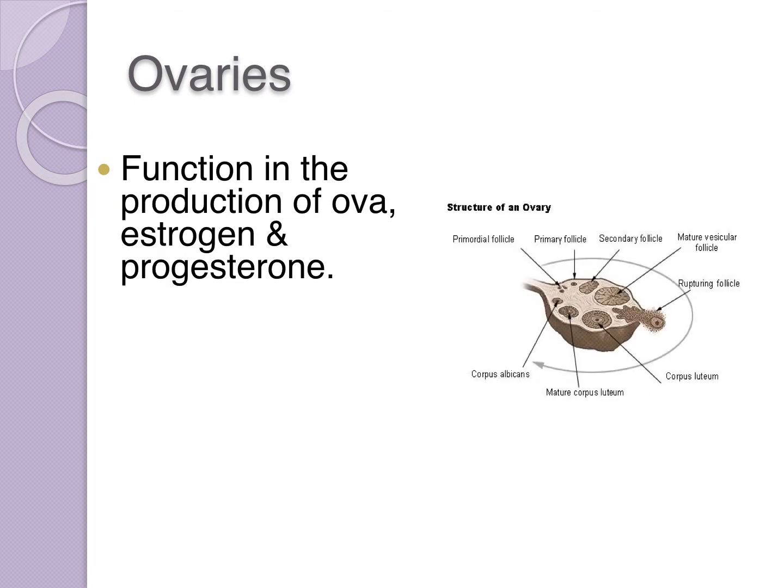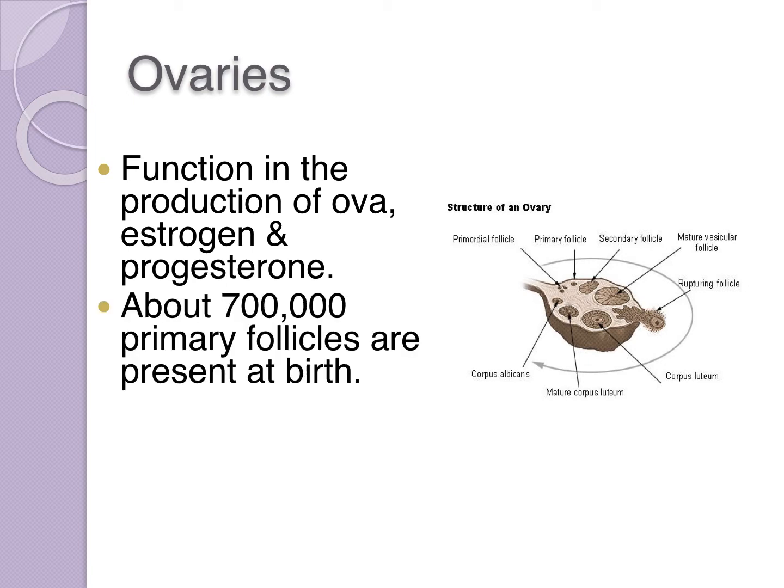The ovaries, as mentioned, function in the production of the ova or the egg, as well as the female sex hormones, estrogen and progesterone, estrogen being our primary hormone. At birth, about 700,000 primary follicles are available to an individual female. And again, this is average.